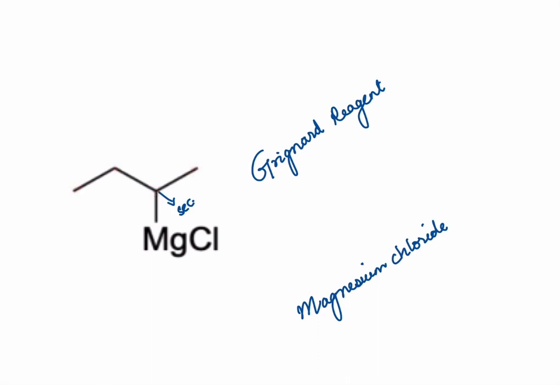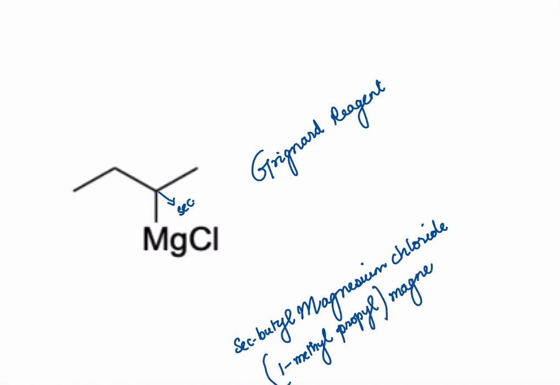So this whole thing will be called secondary butyl magnesium chloride. Or you can also name this in a different way, where you call this one 1-methylpropyl. I'll write it down first and then we can go over this. 1-methylpropyl, this whole thing is going to come in parentheses, followed by magnesium chloride.